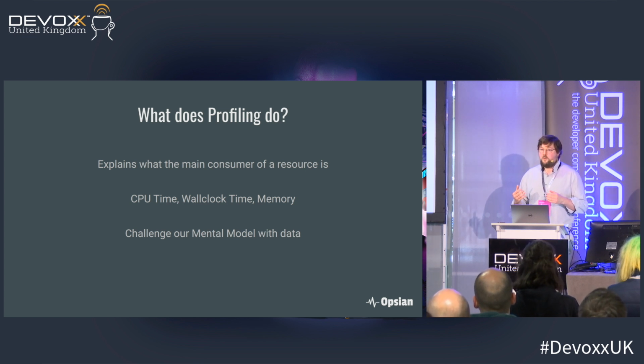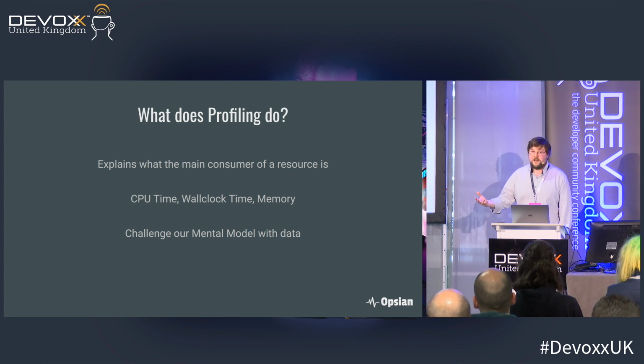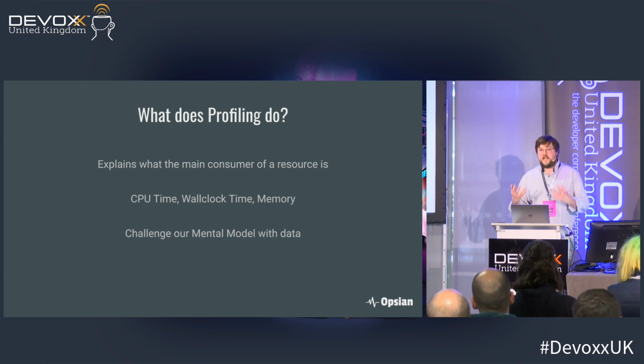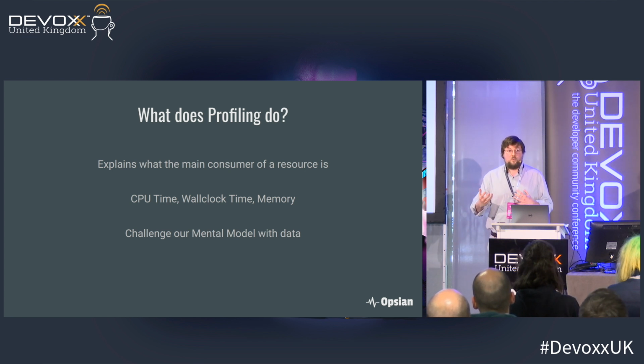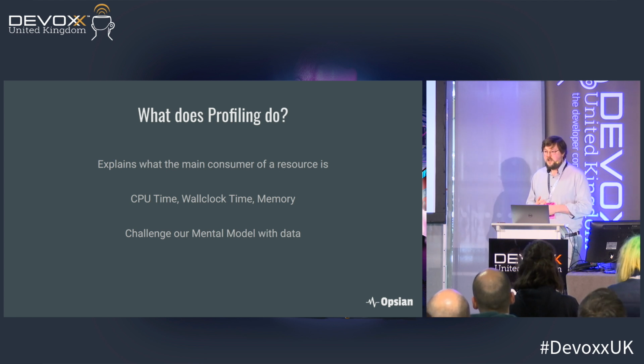And I think that's what we should be trying to do here with profilers, not just taking our existing assumptions around behavior. Because when we all write code, we all have a mental model in our mind of what's complex, what's slow, what's fast, what's doing what, from reading and writing the code. And these tools allow us to challenge that and establish: is that true, is that false, what things are going on.